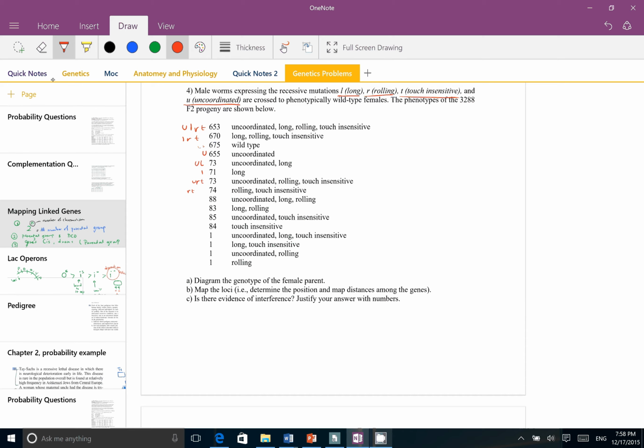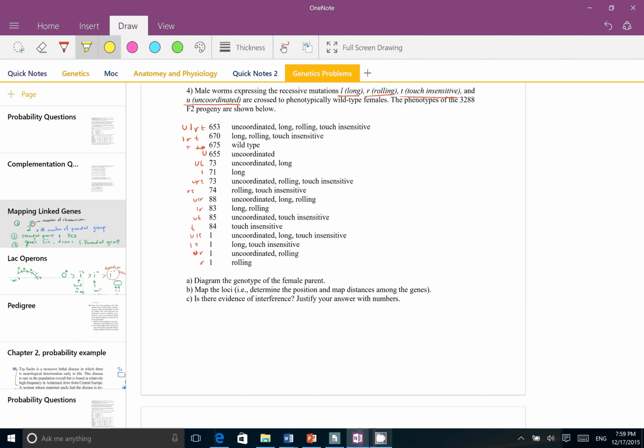Rolling, touch, and uncoordinated long rolling, uncoordinated touch, uncoordinated long, touch, long and touch, uncoordinated and rolling, and then I have rolling. Okay, I hope this looks clear. So this is the wild type. Anyways, so it's all the pluses.